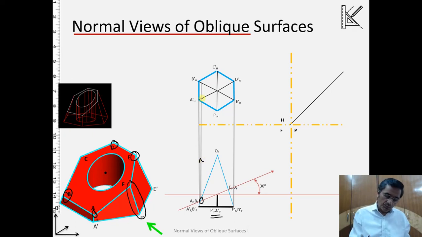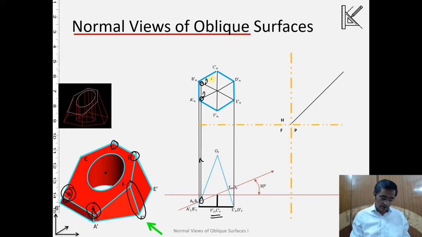So the points of intersection over here are corresponding to A and B. So this A and B on the top view are these points.